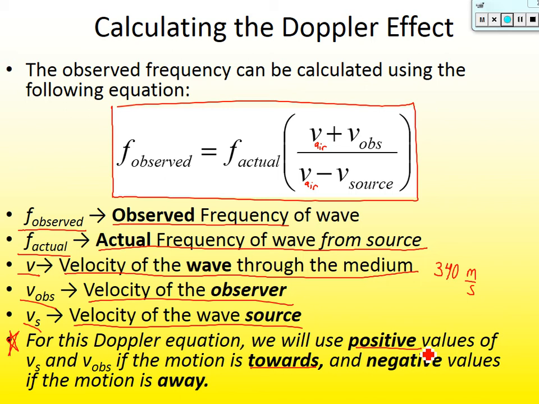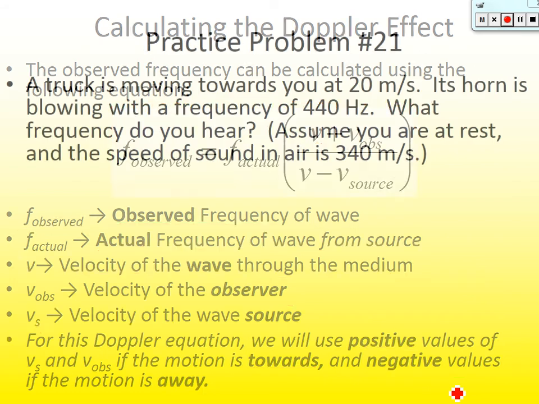On the other hand, we will use negative values if the motion is away. So if the source and the observer are moving away from each other, those velocity values will be negative. Okay? And I've got a couple of example problems that you'll be able to see how this works. So let's get to them right now.